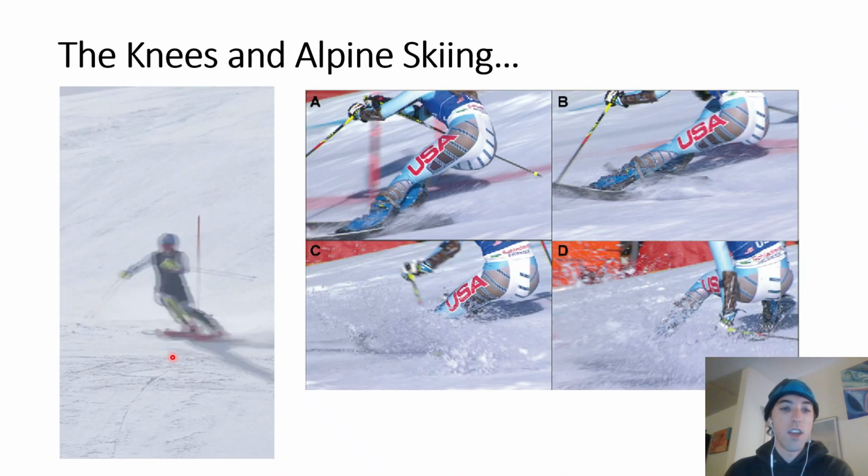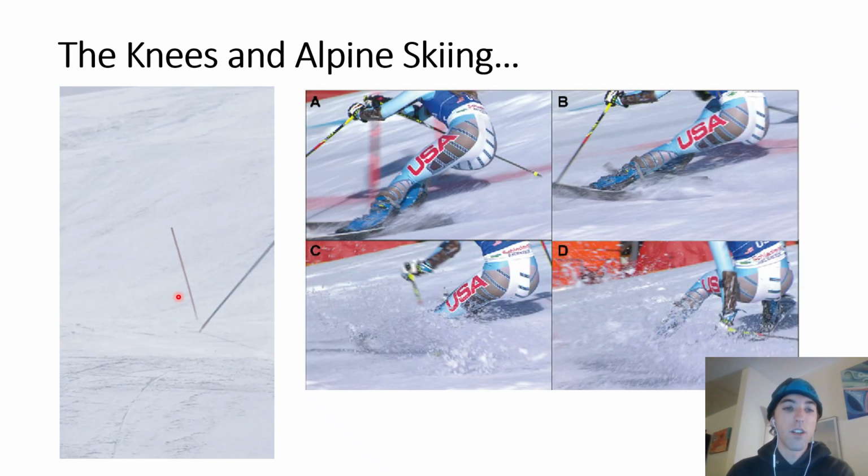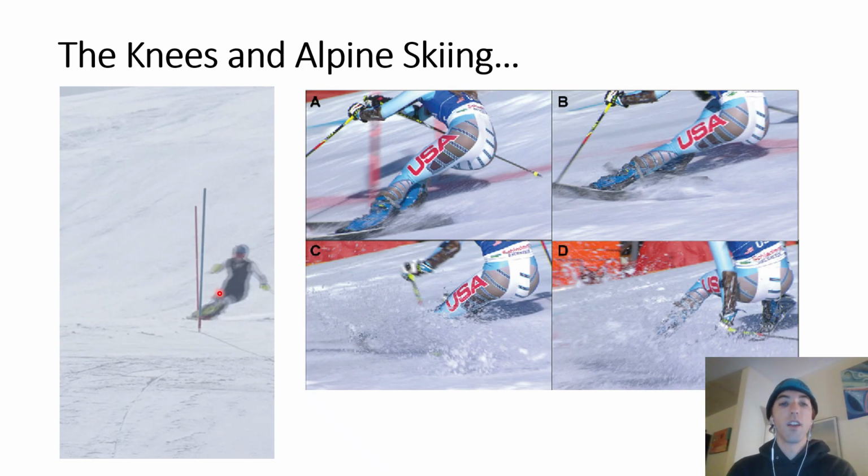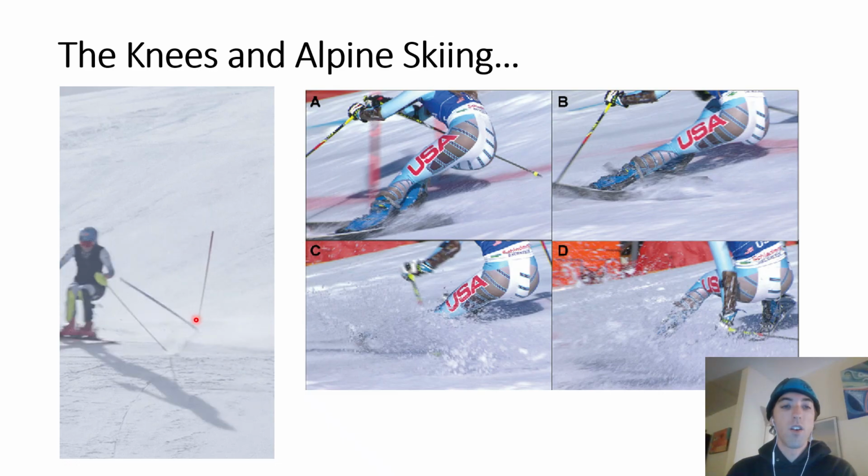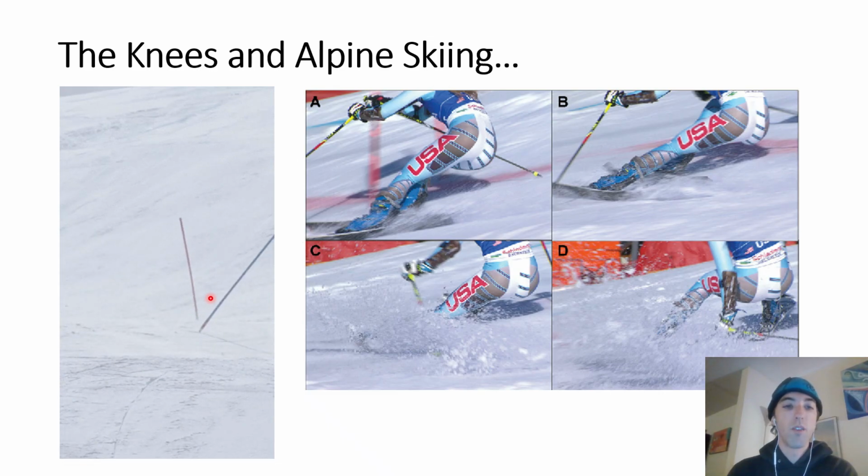So looking at skiing, we have to consider that none of these movements are ever isolated. You can see in this skier all of those movements we just mentioned are happening at the same time. It's hard to see the rotational component sometimes, and it's hard to feel it.